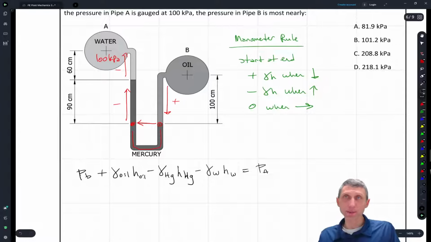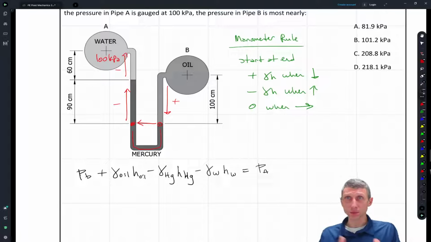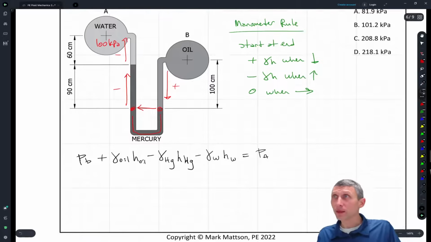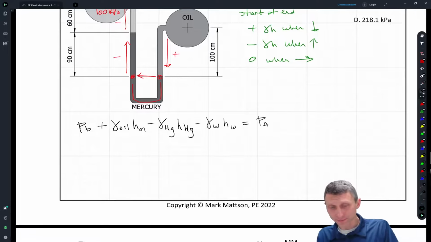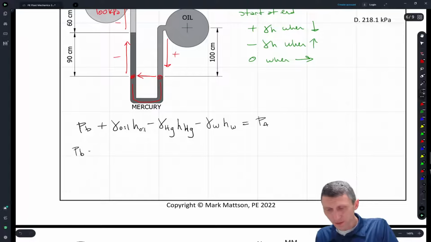So we know the pressure at A is 100 kPa, and we're going to work from there. Let's just leave it like this for now: the pressure at B plus gamma oil. What's gamma oil? I like to think of it like this: we take the 0.8, which is our oil specific gravity, times 9810.